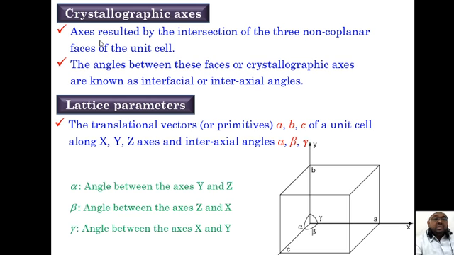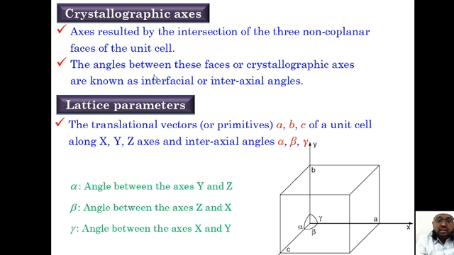The axes are the result of the intersection of three non-coplanar faces of the unit cell, three lines passing through three different faces. The angles between these axes are called interfacial or interaxial angles.